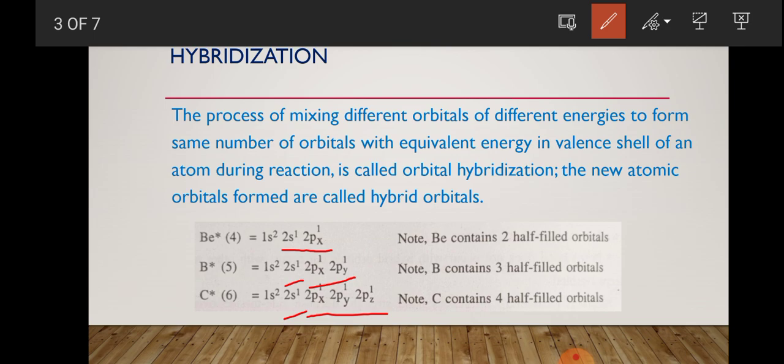Only because of hybridization, carbon form so many compounds in nature, almost more than 80 lakhs, and other atoms which form hybridization are beryllium, boron, nitrogen, oxygen, etc.